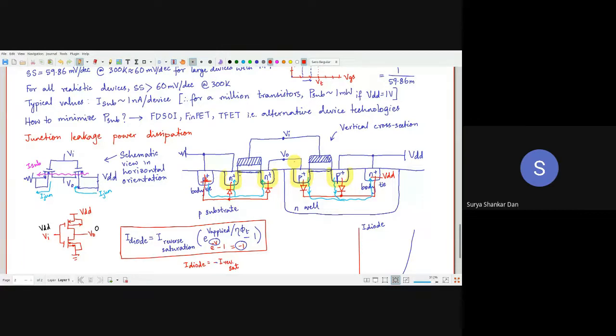It has simply eliminated the junction leakage once and for all. That is why each and every device which you are working with today is FDSOI. FinFET based on FDSOI, TFET FDSOI. Even Omega Gate, double gate MOSFETs, they are also FDSOI.